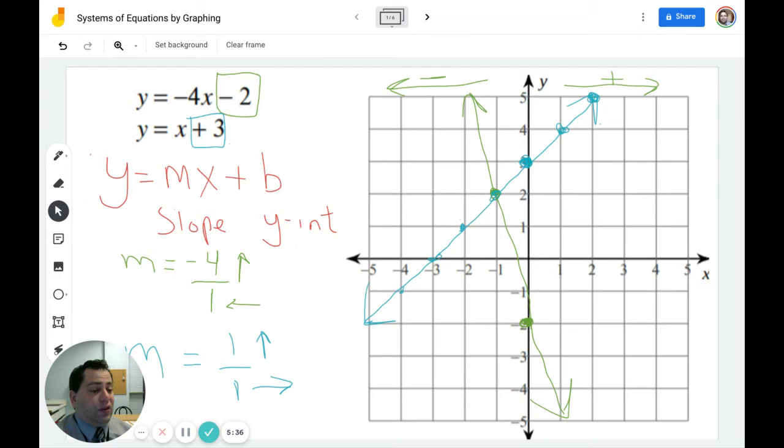Now that we have both lines graphed, the solution to this system is where they intersect. Right here. And the point that would be our solution would be negative 1, positive 2.